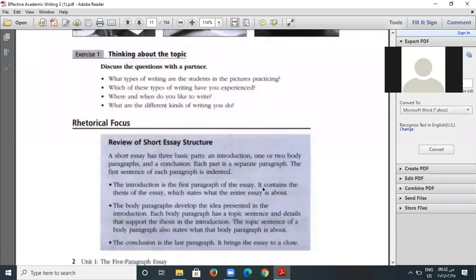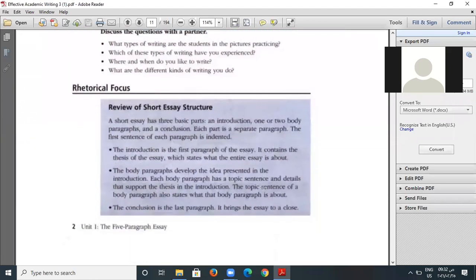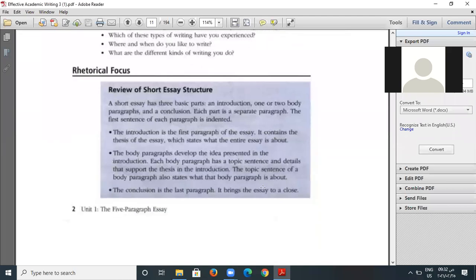So this is the second part, the body paragraphs. In the short essay, the body is either 1 paragraph or 2 paragraphs, not more than 2, because it is a short essay.